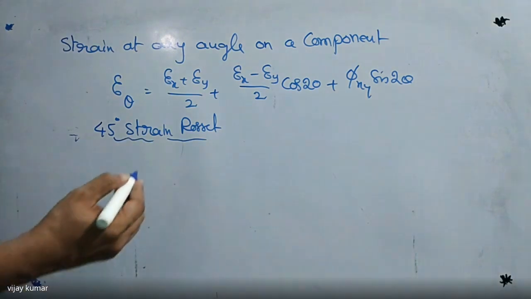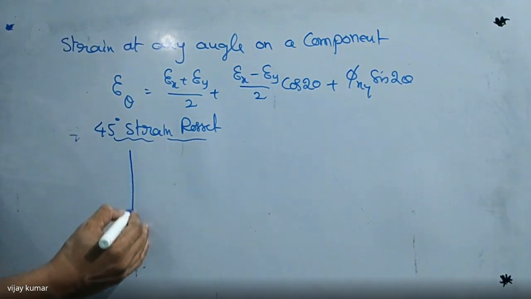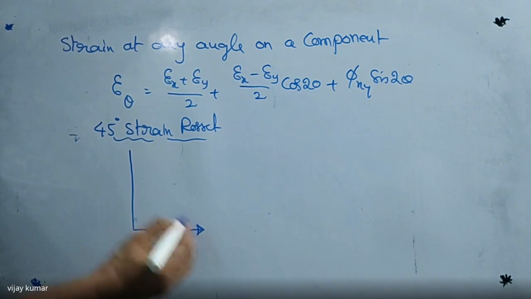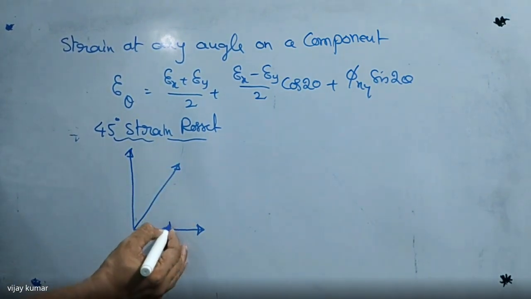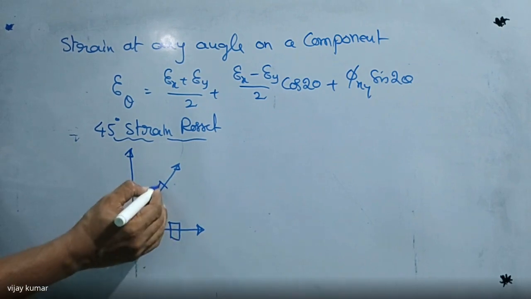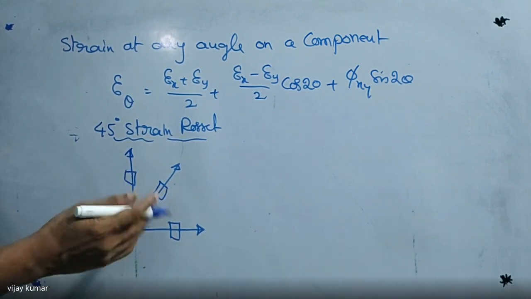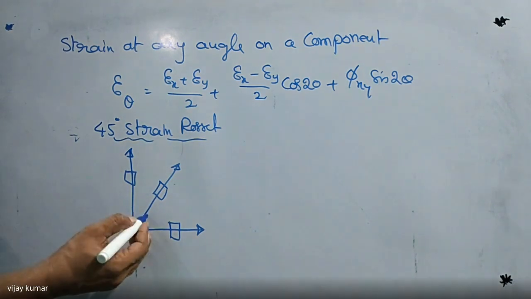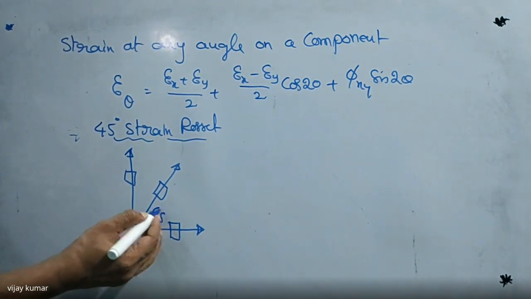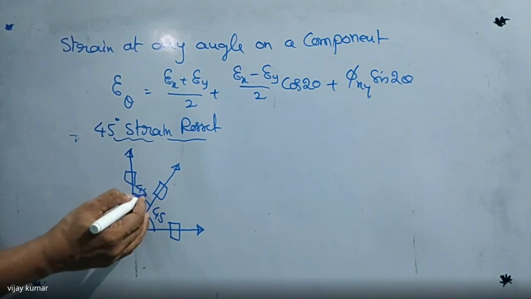This is 45 degrees strain rosette. This is nothing but one gauge here, one gauge here, one gauge here. Angle between the two gauges must be equal to 45 degrees. So this is equal to 45 degrees and this is equal to 45 degrees.